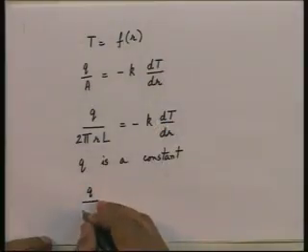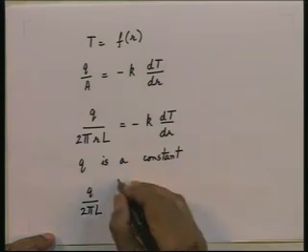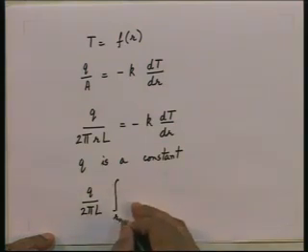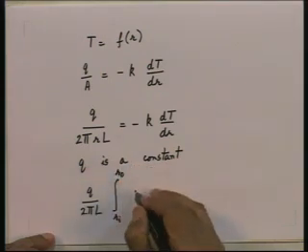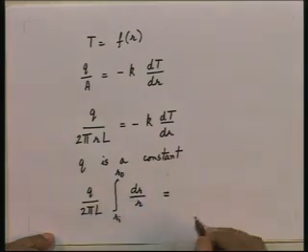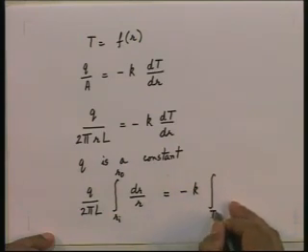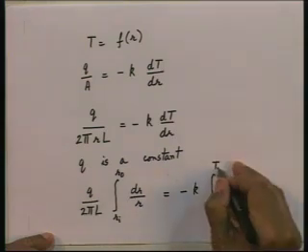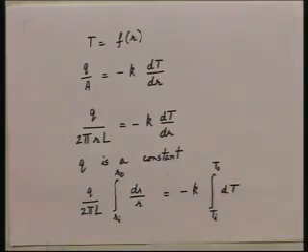We write this as Q upon 2 pi L, integrate it from r_I to r_O, dr by r, all right, and that is equal to minus k, the integral from T_I to T_O, the inner face to the outer face, dT, all right. That is how we will integrate.